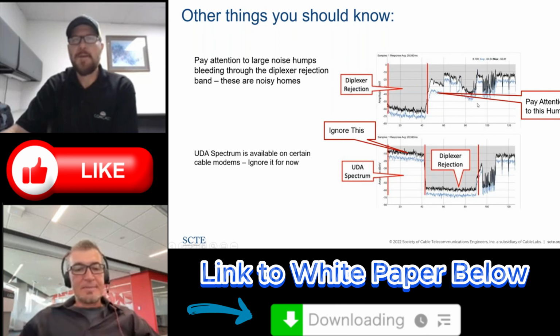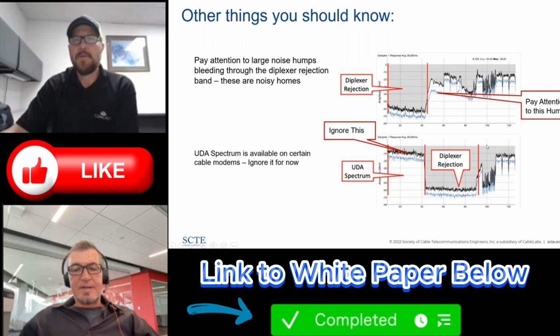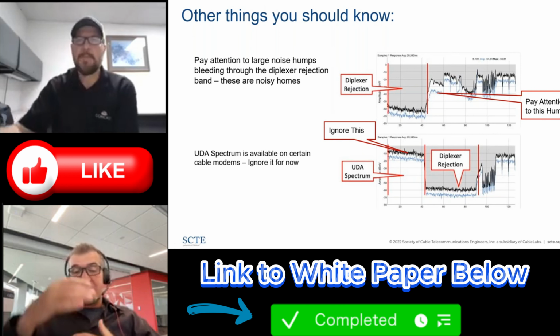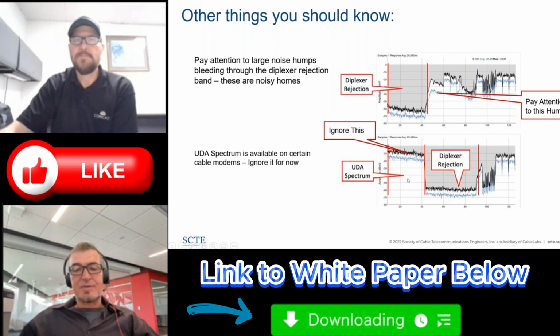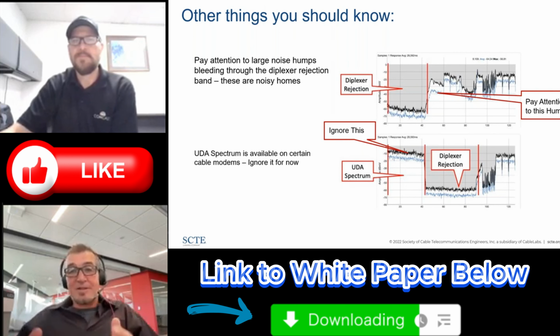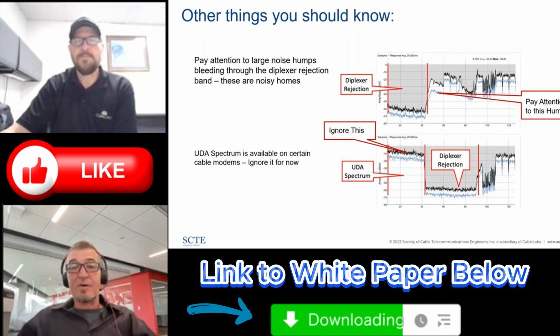So that's that. And I will say, and I'll let Mike take over, this spectrum where you see this really raised energy there in what would normally be the return band, that's actually a feature that we're working on that allows you to measure the upstream spectrum from the downstream perspective, which is incredibly powerful when it works properly. That's called the upstream diagnostic analyzer.